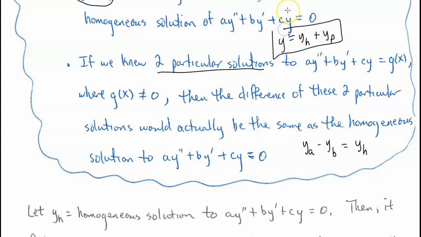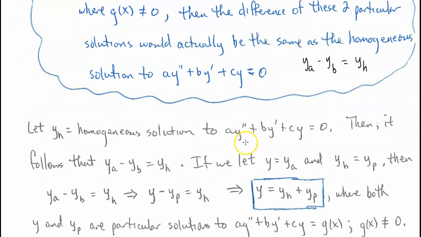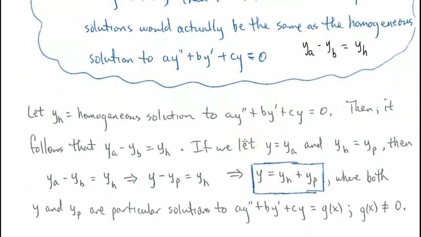So what we've just discovered here is the key to finding what a suitable solution, or the form of a suitable solution, would be for a non-homogeneous linear equation, especially of second order here. So what we're going to do is some renaming, so that we can get it into this form here.